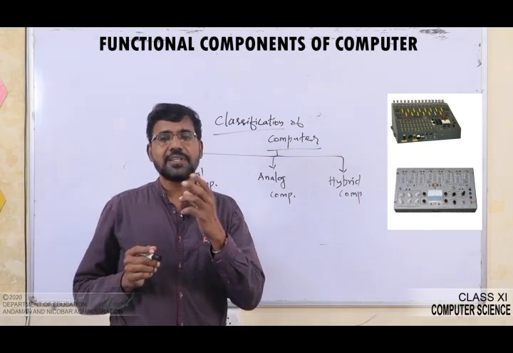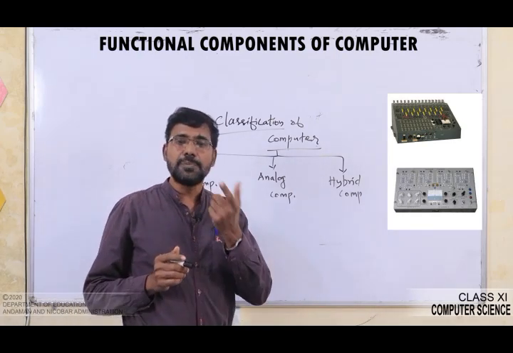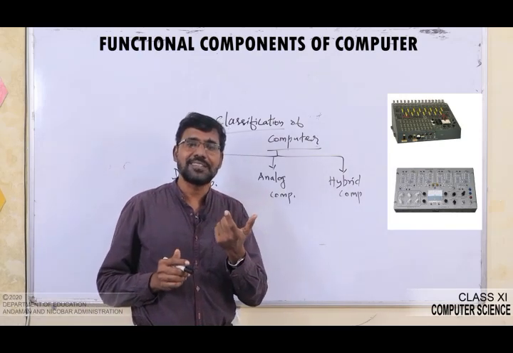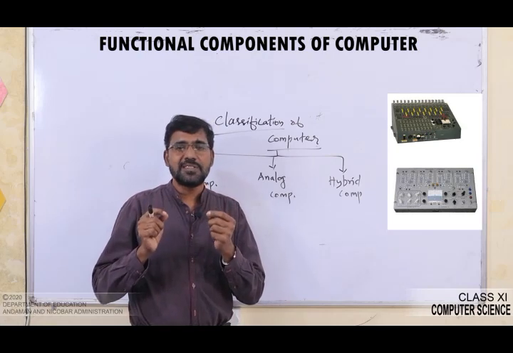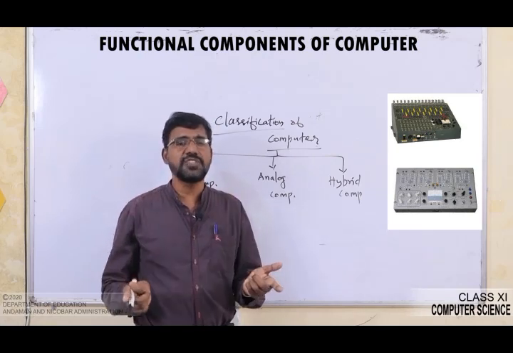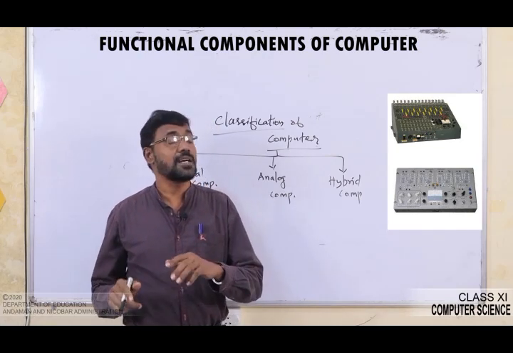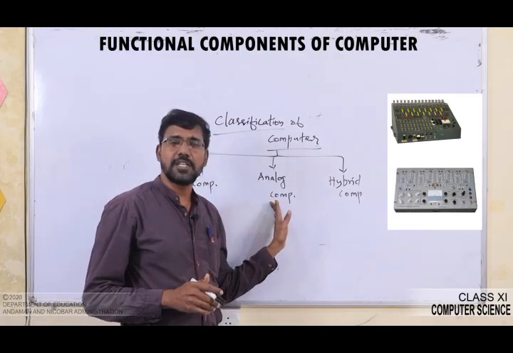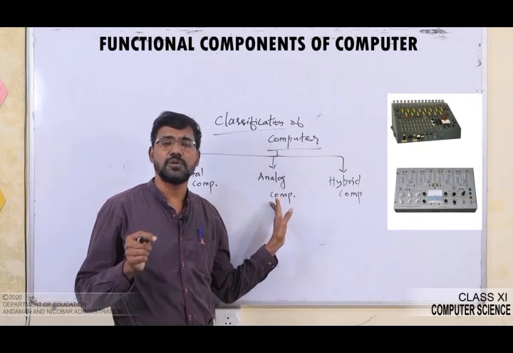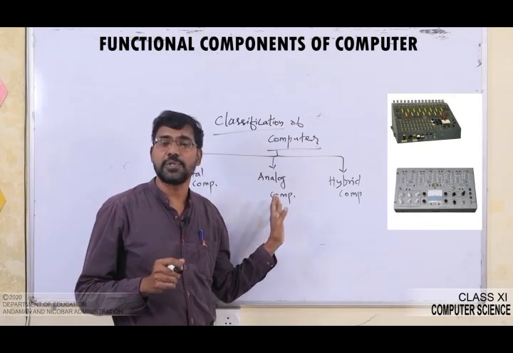This computer measures changes in continuous physical quantities, such as current and voltage. You can take one example from daily life: the thermometer is a good example of an analog computer.